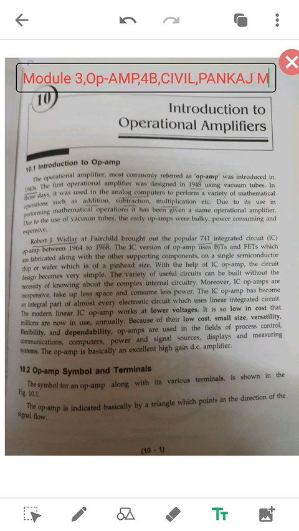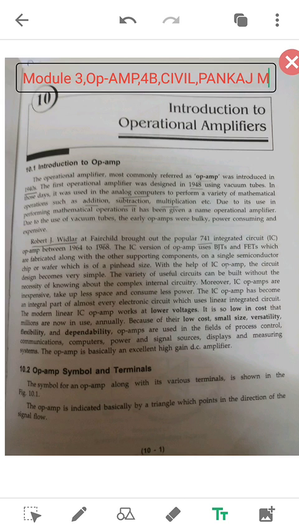That is made up of BJT, already we discussed in Model 2, bipolar junction transistor, and FETs. It is made up of the BJT and FET in a silicon wafer, that is an integrated circuit.